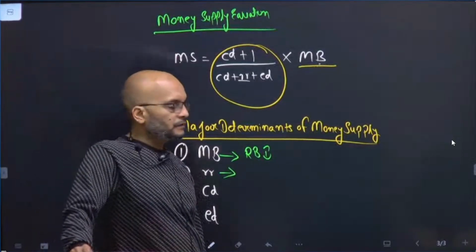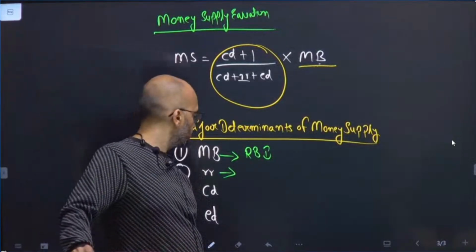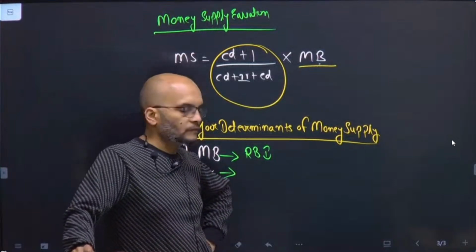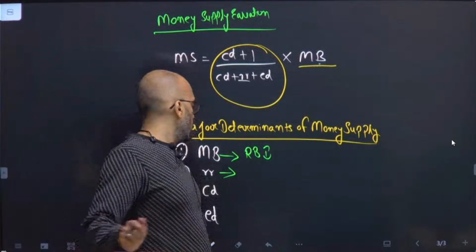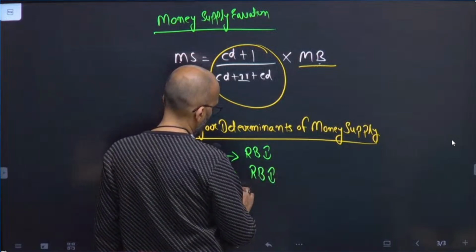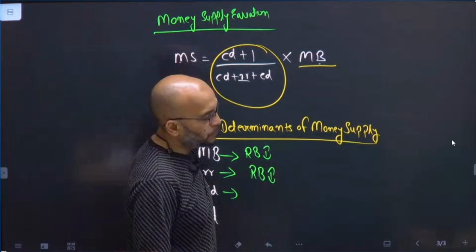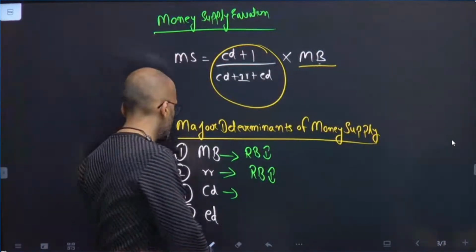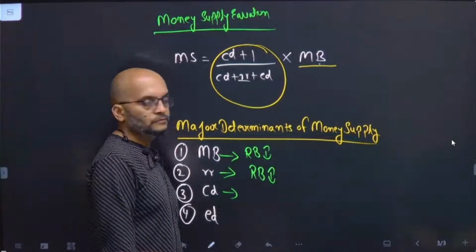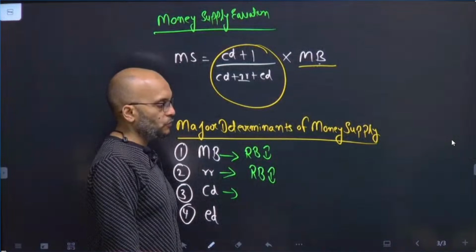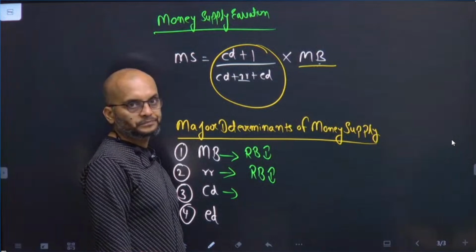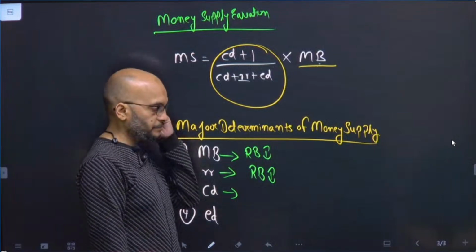What about RR? Who determines the RR? RR is also determined by RBI. What about CD, currency to deposit ratio? Who determines this?